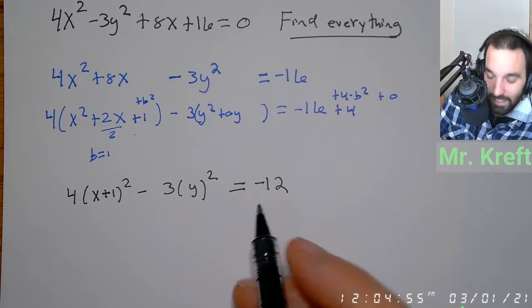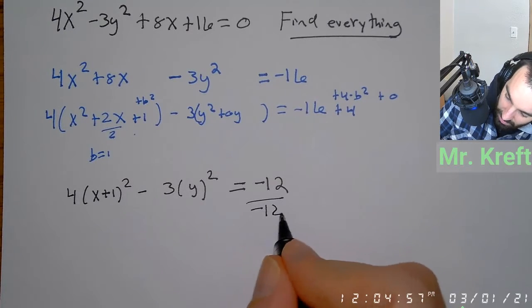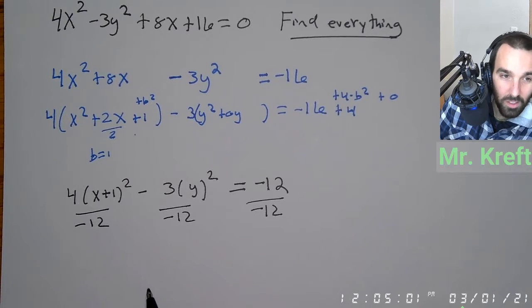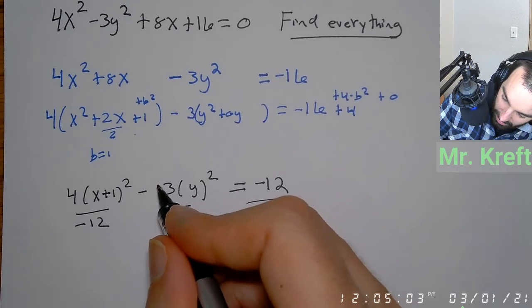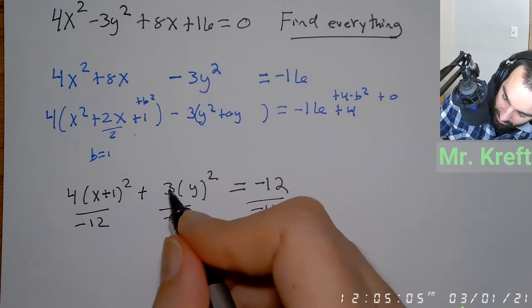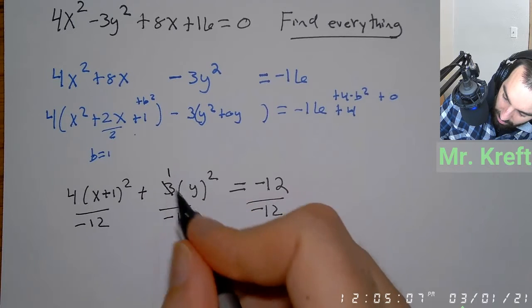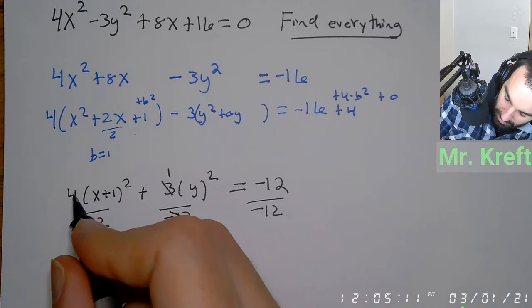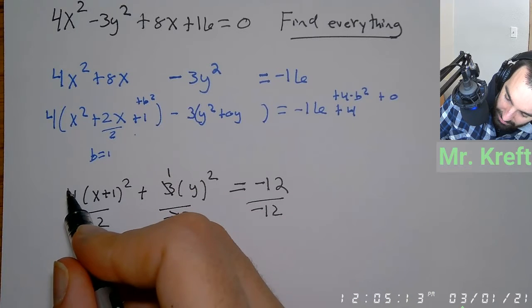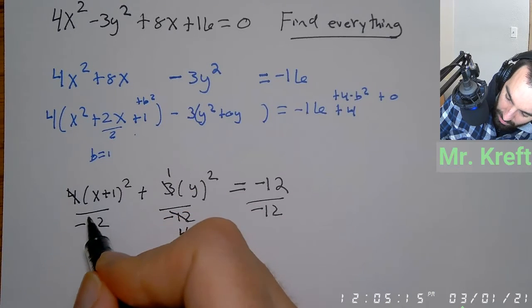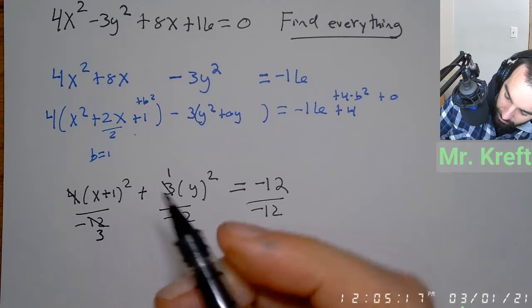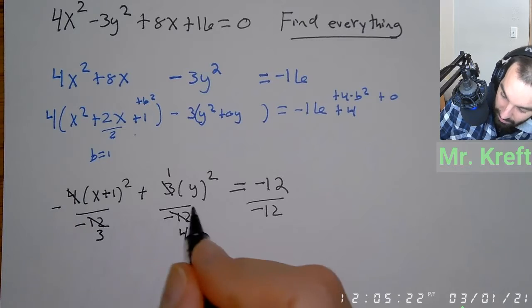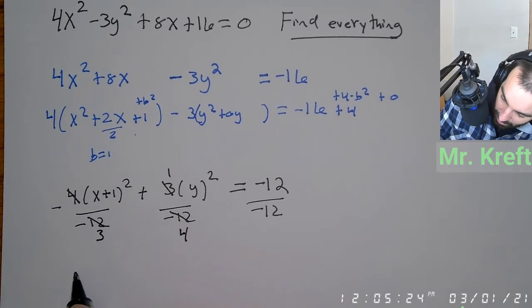But hopefully you guys notice when I divide by negative 12 now, that's going to change the sign of things, right? So just really quickly, that's going to change to positive. 3 goes into 3 once. Negative 3 goes in here 4 times. What do we got here? 4 goes into 12 3 times. So I'm going to switch these because you see how now this is going to be negative and this is going to be positive.